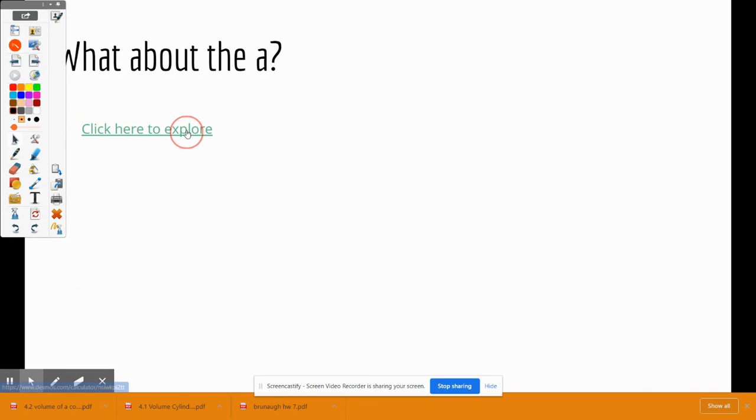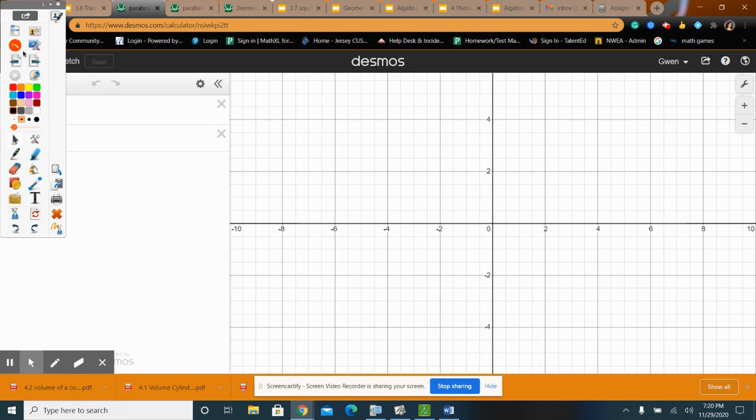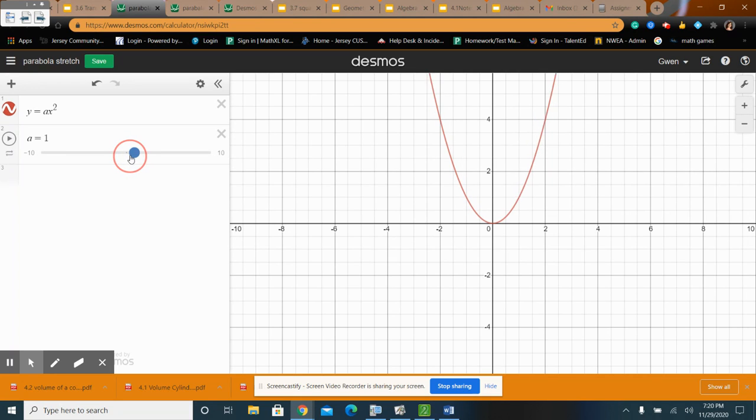Okay, so what about the A? What else does that A do? Well, the A is what we call the stretch factor, kind of like a slope. So if A is 1, that's what the original function would be. There's the original, right? If it's 2, it makes it thinner because the rate of change is greater, so it makes it steeper. Here it's 3.